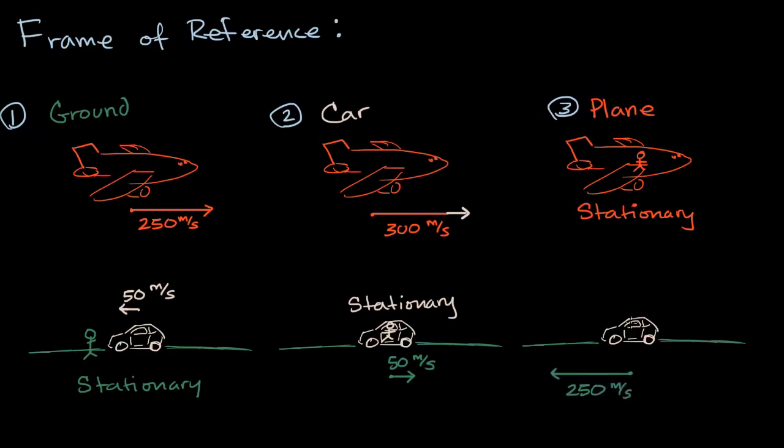And the car, well, it's moving to the left even faster. It's going to be moving to the left 50 meters per second faster than the ground is. So the car is going to look not like it's just going 50 meters per second. It's going to look like it's going 50 meters per second plus another 250 meters per second for a total of 300 meters per second to the left.